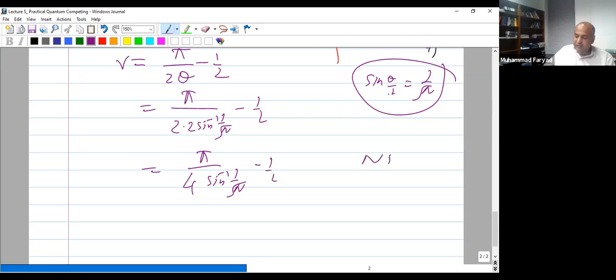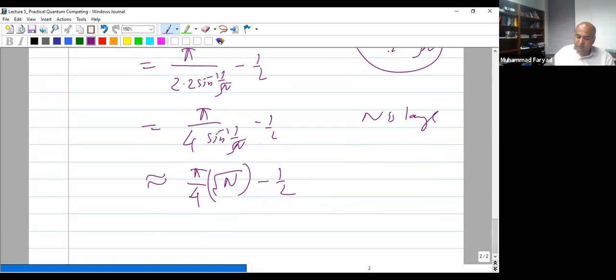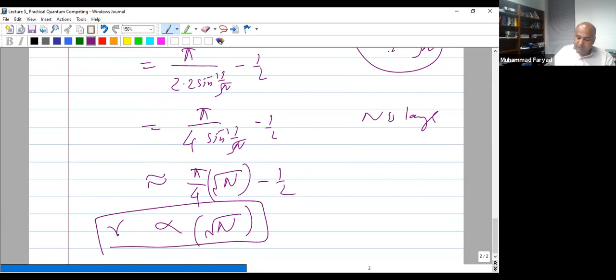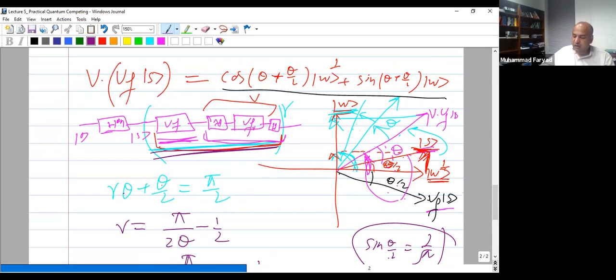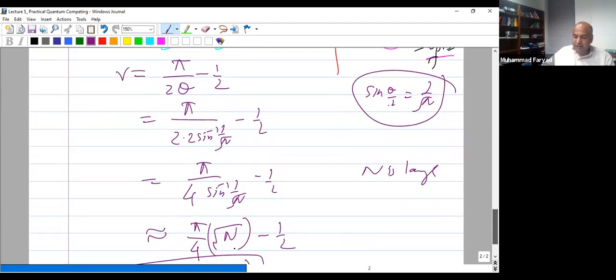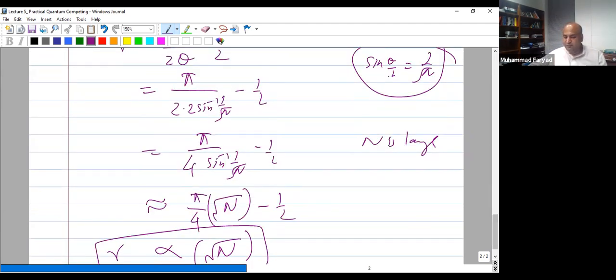And if n is large, I can approximate it: sine inverse will be approximately 1 over square root of n, so square root of n goes up. I can even ignore the half and pi by 4, these are just trivial terms. So the number of times that we have to apply this whole Grover circuit R is proportional to square root of n, instead of n that we see classically.